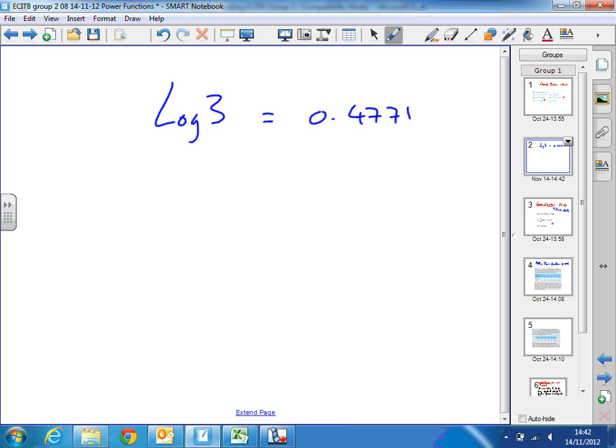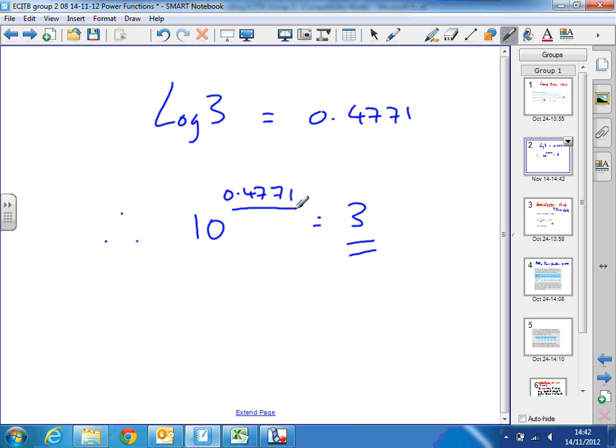That's telling me that 10 to the power 0.4771 should be, and it won't be exactly because of rounding issues, 3. And that's what we were saying last week. Logarithms turn numbers into a power. I've turned the number 3 into a power of 10.